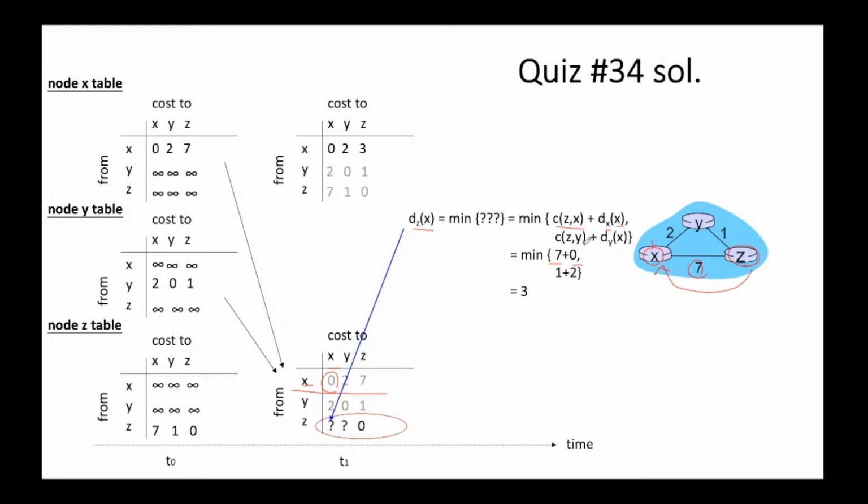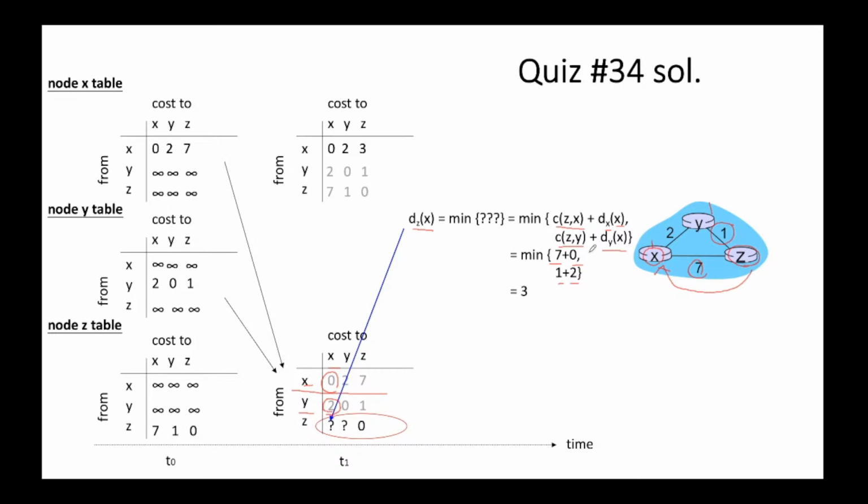Now the second neighbor is Y. And so we'll then take the link cost from Z to Y, which is 1. And then based on what Y knows as the best to the destination X, DYX is the value we need to add to the link cost ZY. According to the table, DYX is 2, therefore 1 plus 2.